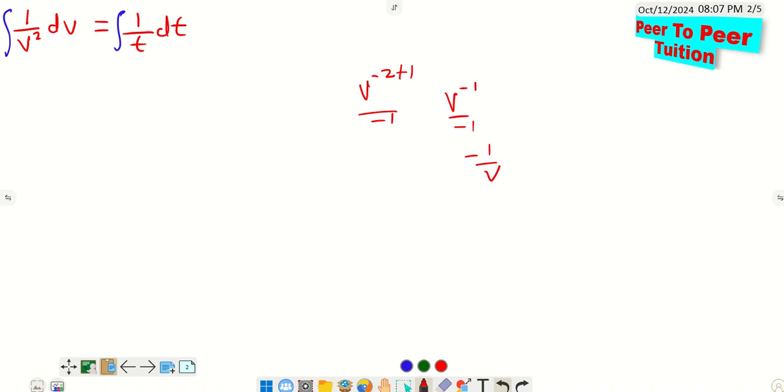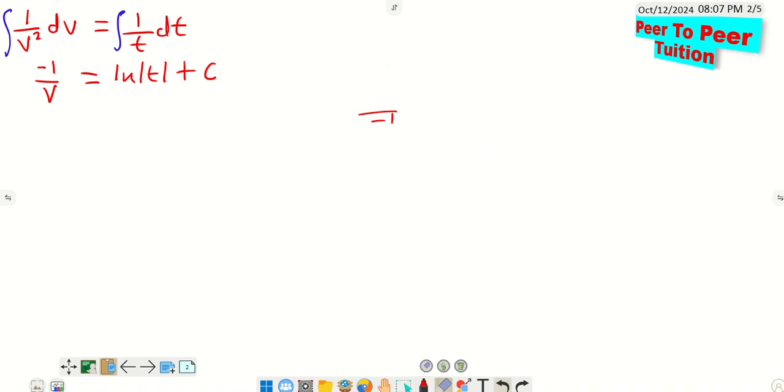So that is for the first part. I'll get negative 1 over v should be equal to, but if I integrate 1 over t, I'll get the natural logarithm of t plus your arbitrary constant of integration.